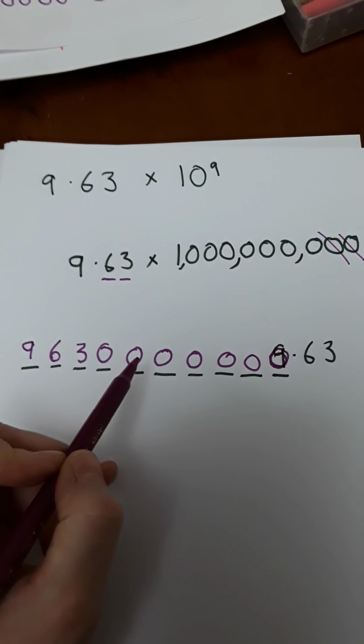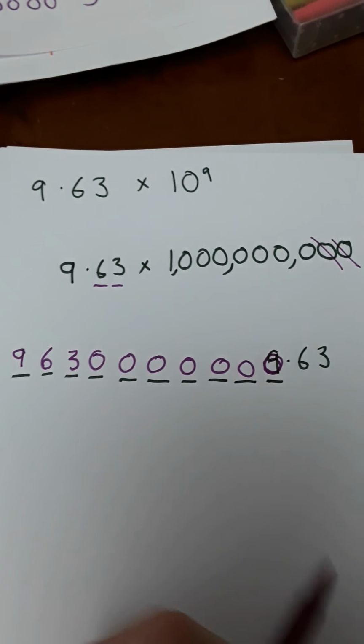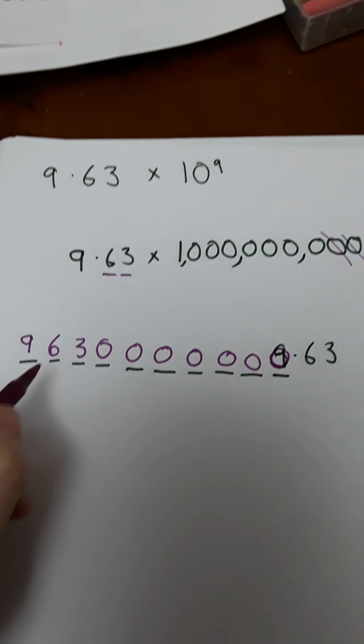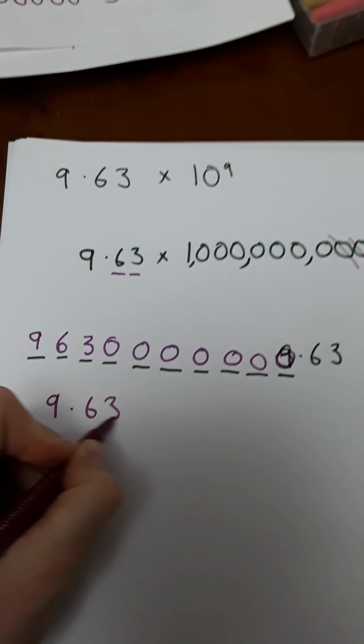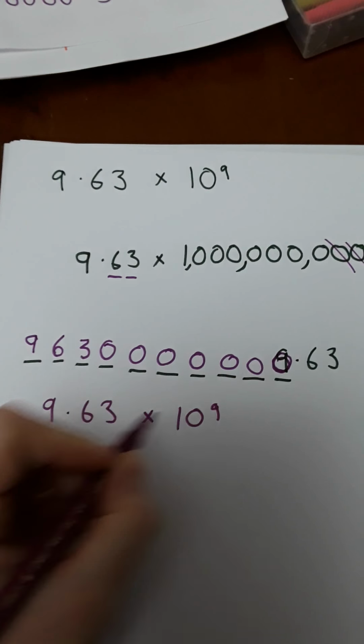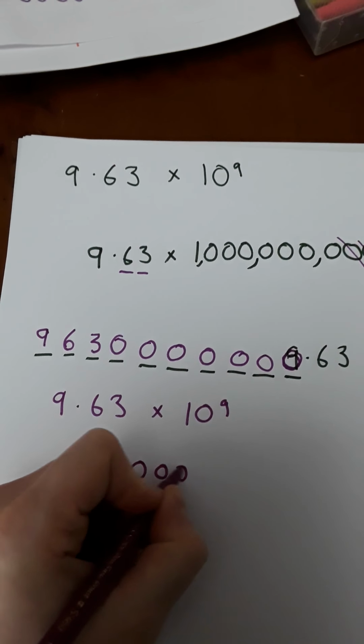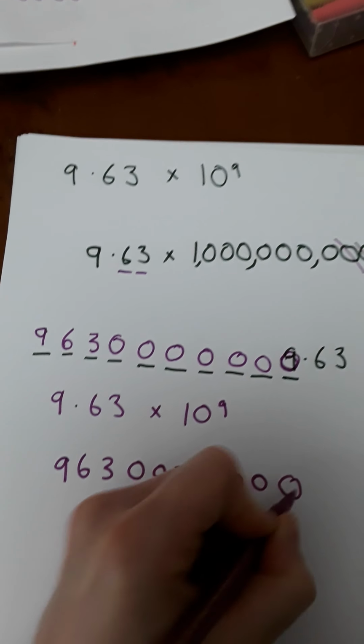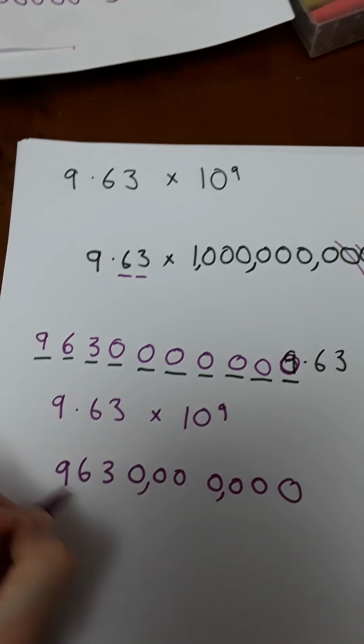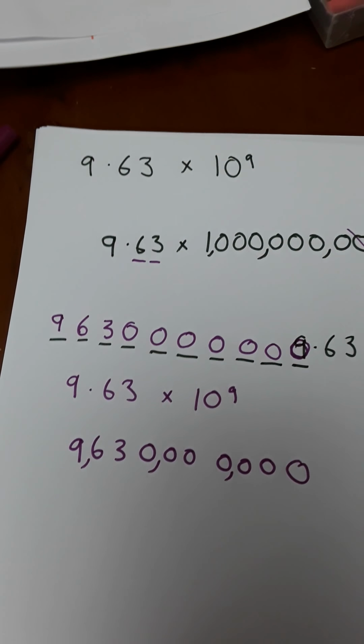So let's check it: 1, 2, 3, 4, 5, 6, 7. Perfect. So 9.63 times 10 to the 9 equals 96300000000. So that's your answer.